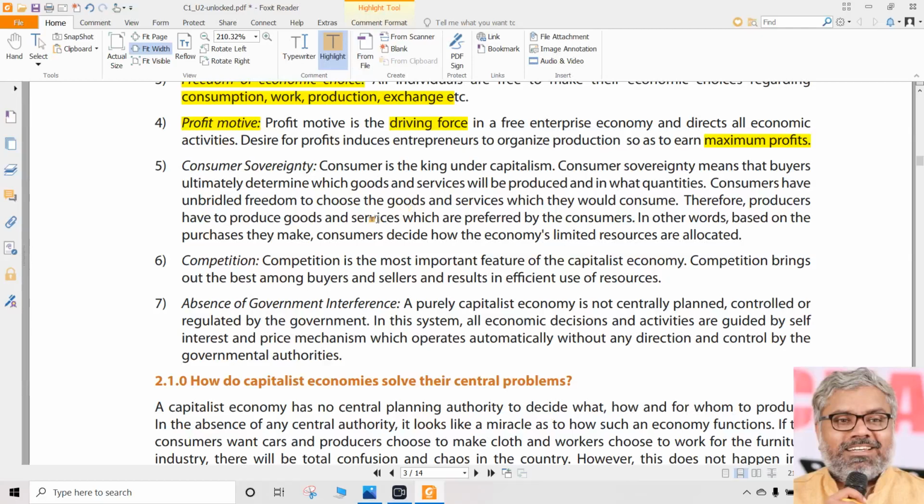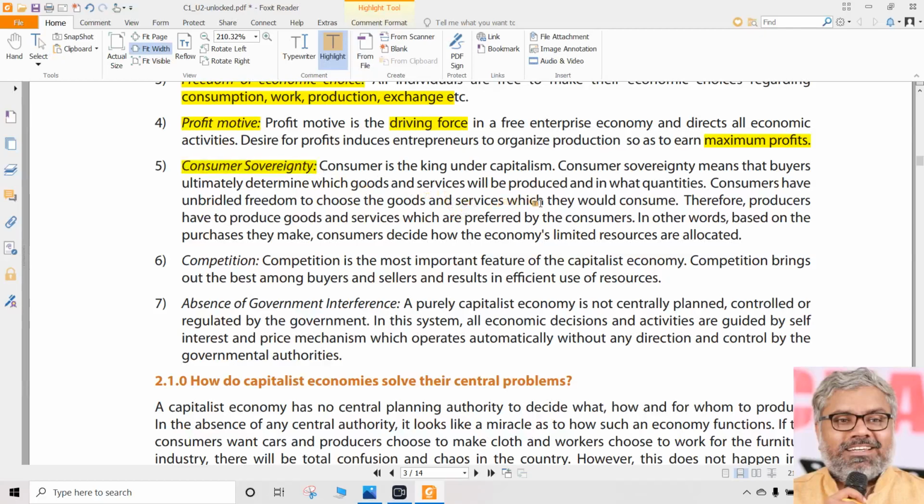Profit motive itself is not bad. However, if you do bad things to get profit, that is a different story. That becomes an ethical or moral issue. We are not talking about that. By basic feature, any organization in a capitalist economy will always have a profit motive. That is the nature of it.